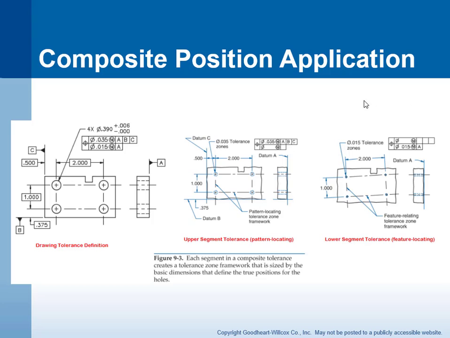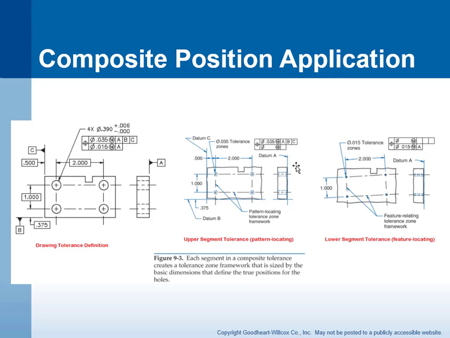So if we're looking at just the upper segment tolerance, the pattern locating, what we're looking for here is to see that the holes meet their relative position locations with respect to datums A, B, and C. So we have a 35 thousandths tolerance zone, and that applies at MMC.